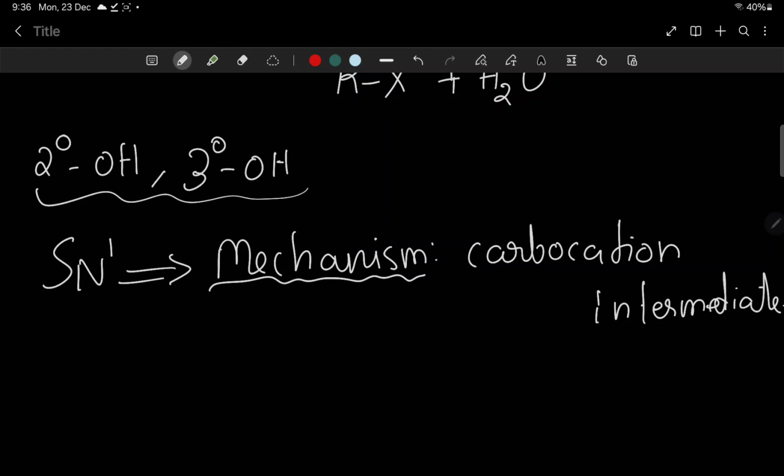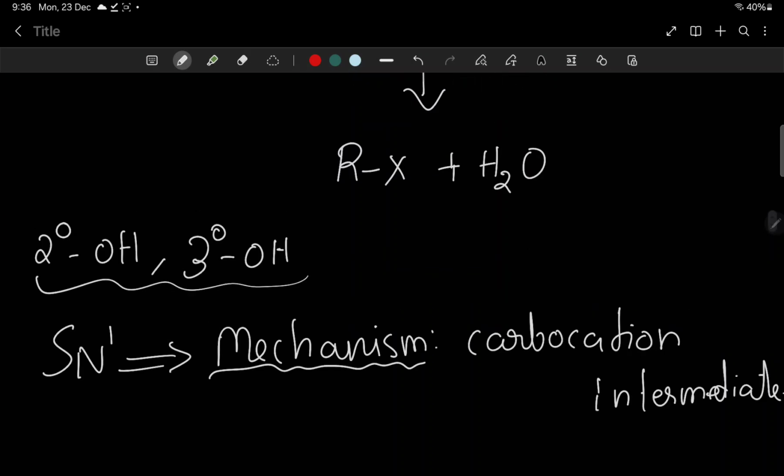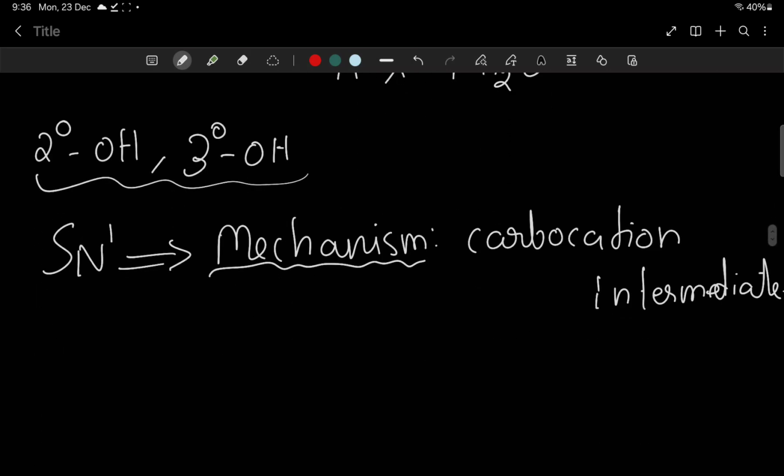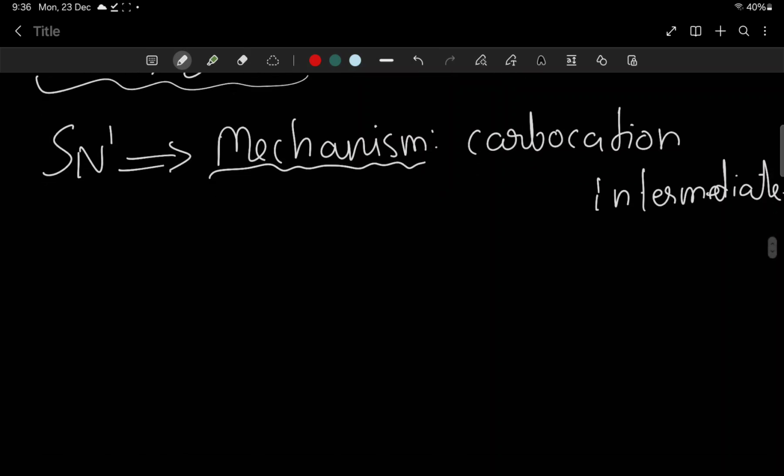An intermediate is a compound that can be separated, whereas a transition state is just a state that we hypothetically make. An intermediate is something that exists in the reaction and that we can separate out. Hence, since this has a carbocation, there is a possibility of rearrangement reaction.